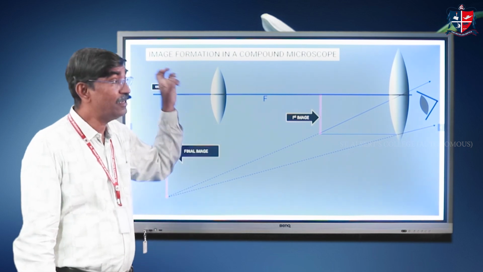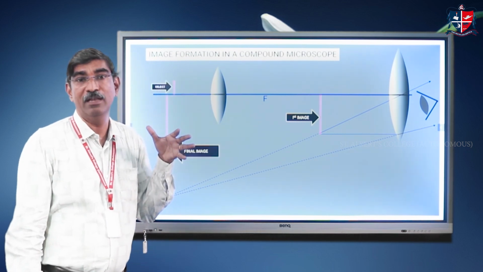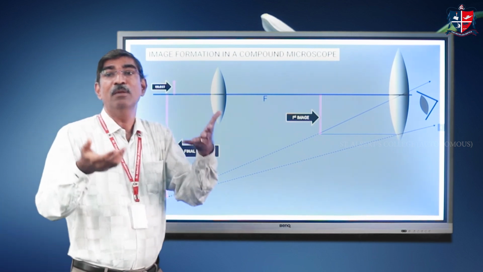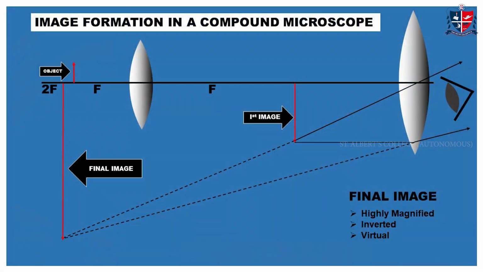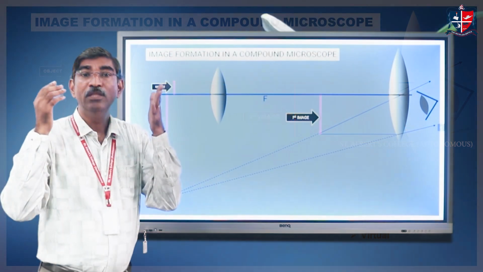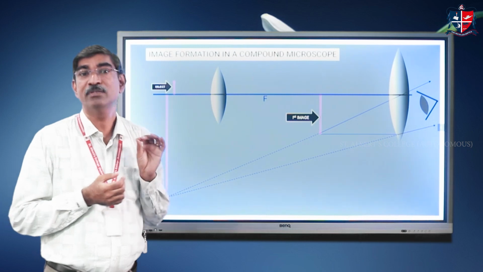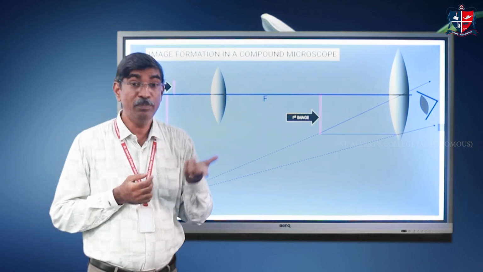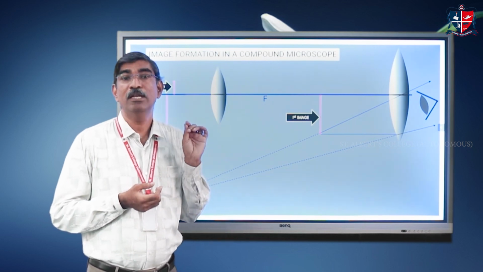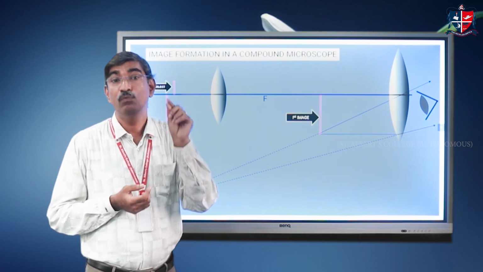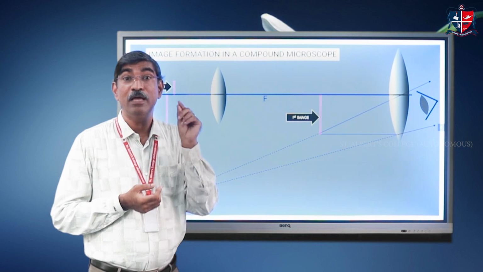Here you can see that the final magnification is the magnification of the objective lens and the magnification of the eyepiece multiplied together. Say for example, if the magnification of the objective lens is 10x and the magnification of the eyepiece is 40x, then the final magnification will be 10 into 40, that is 400x.